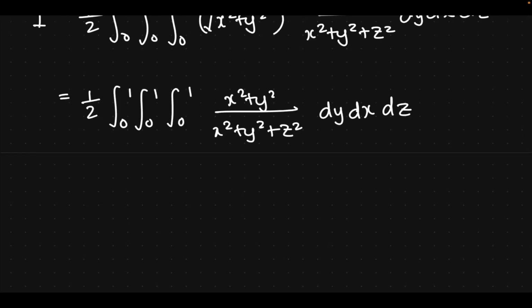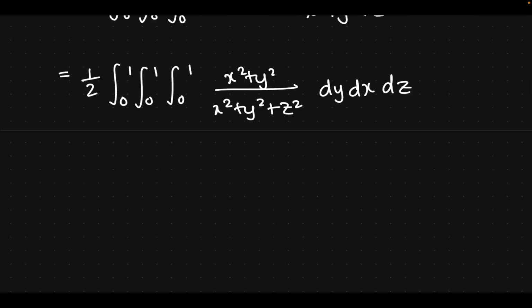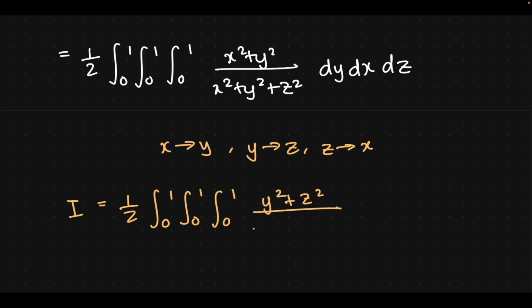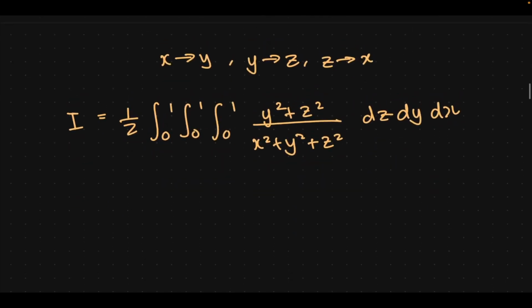Now here's the next master stroke. Cycle the variables, in the sense change x to y, y to z, and z to x. And that we can do because it's all a definite integral. So I can now be rewritten as y squared plus z squared over, now the denominator is invariant under such permutations, dz dy dx, and cycle once again.